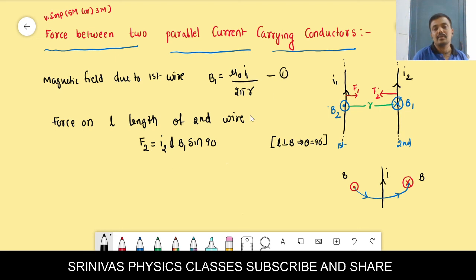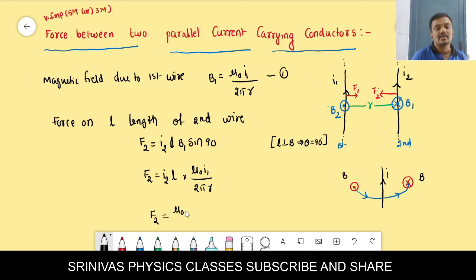If you have any query, you can ask me. F2 is equal to I2 into L into B1, which is mu naught I1 by 2 pi R, into sin 90. Sin 90 value is what? 1. Then what do you get for the F2 formula?